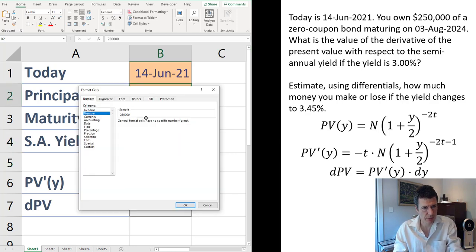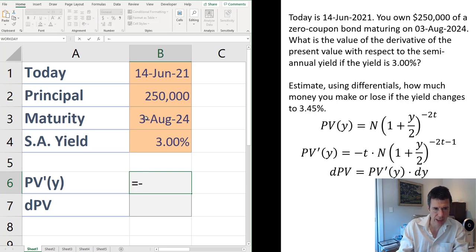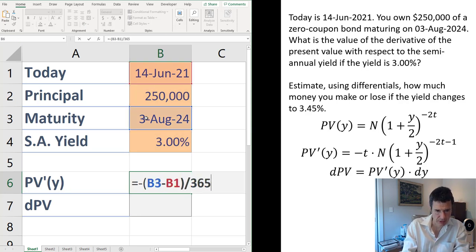Let's change the formatting here. There we go. Okay, so the derivative, plugging in the semi-annual yield and all the rest of the information, we get negative t. t is maturity minus today divided by 365, so that's negative t, times the principal, times 1 plus the yield divided by 2 to the power negative 2 times t.